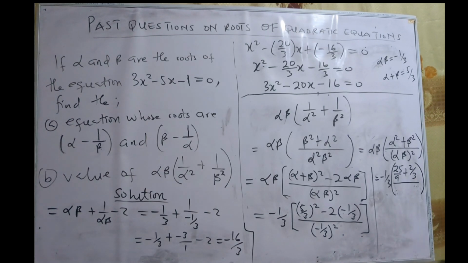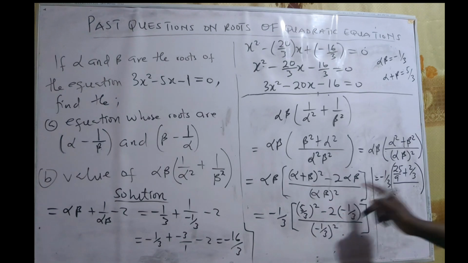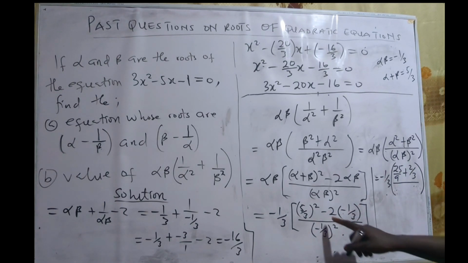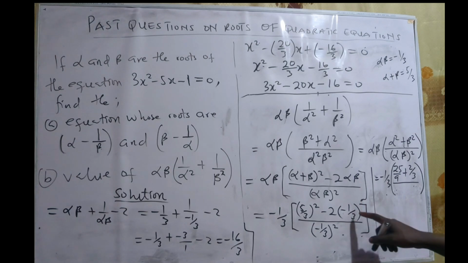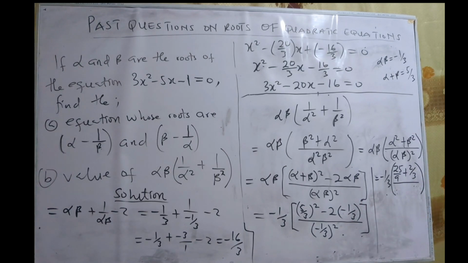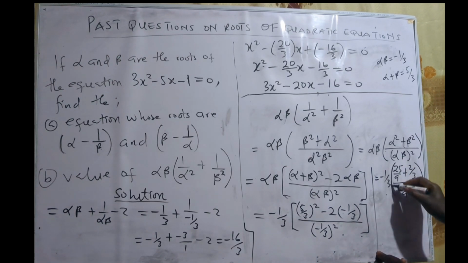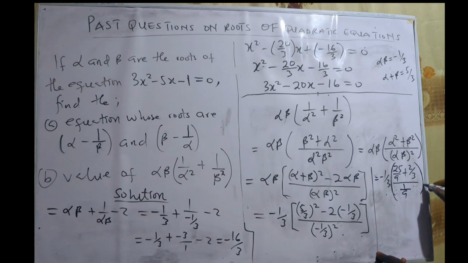Minus 2 times minus 1 over 3: minus 2 times minus 1 gives positive 2 on 3. Then minus 1 squared is 1, and 3 squared gives us 9. So we are going to have this.